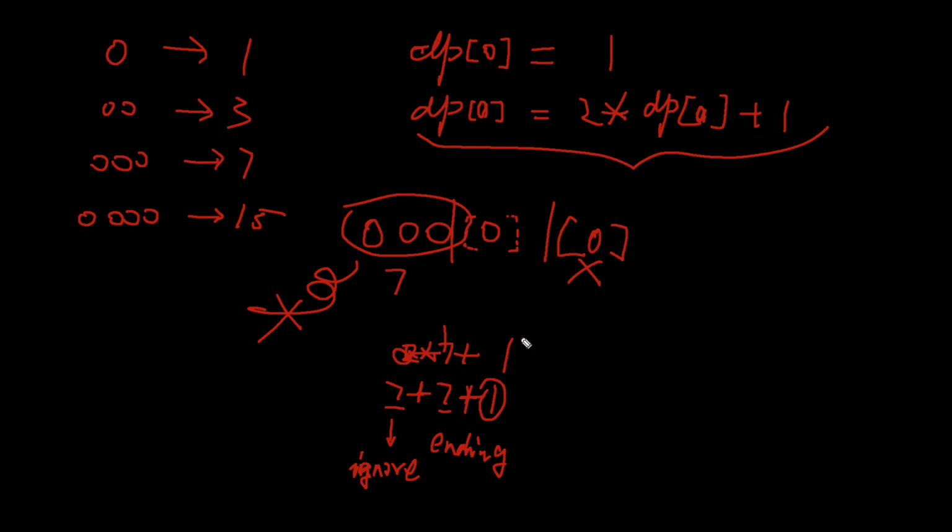So ending with this one will be the same as the dp. And then plus 1 means we simply ignore this part, and we only pick this part, right? So pretty straightforward. That's how we get this with only one number. And now if we extend this into 2 numbers, okay?